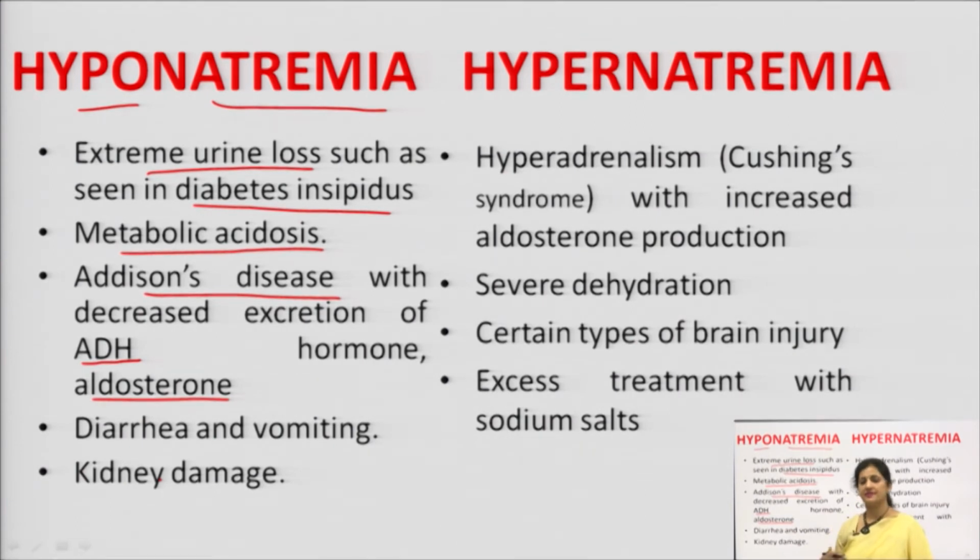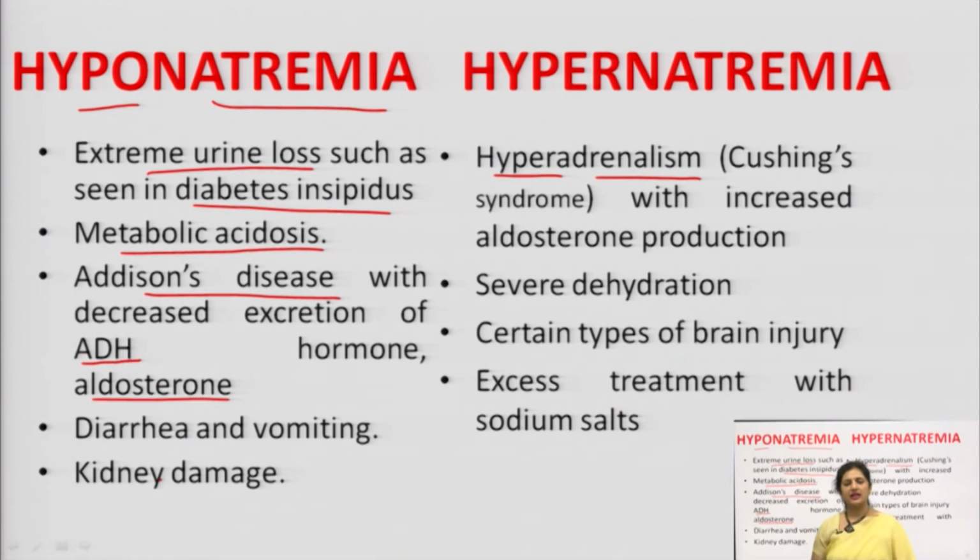How does this arise? This arises by hyperaldosteronism, with increased aldosterone production. It also occurs by severe dehydration. Then certain types of brain injury also lead to the hypernatremia. Excess treatment with sodium salt also leads to the hypernatremia.